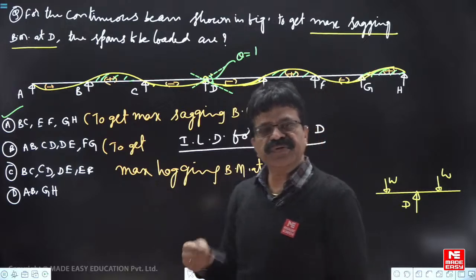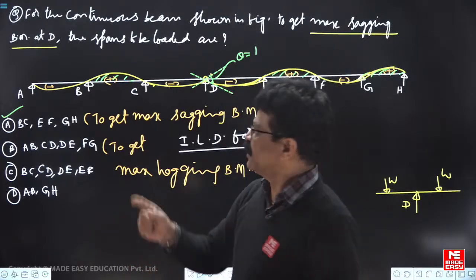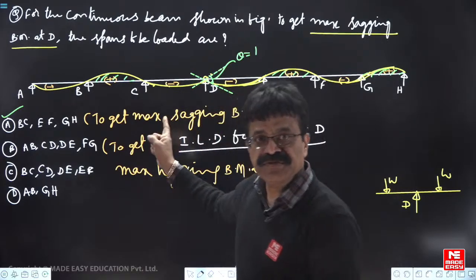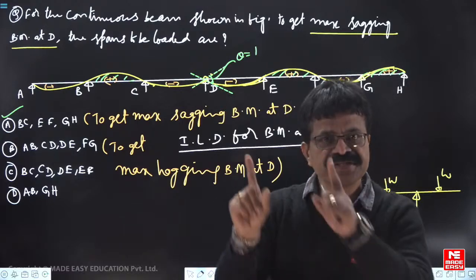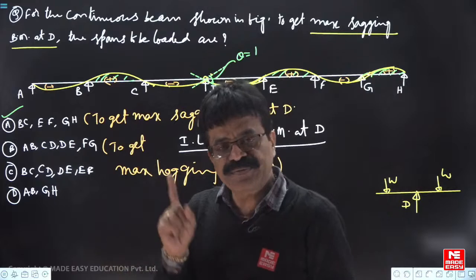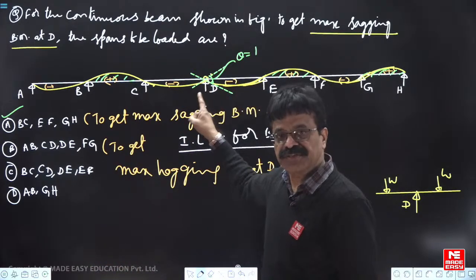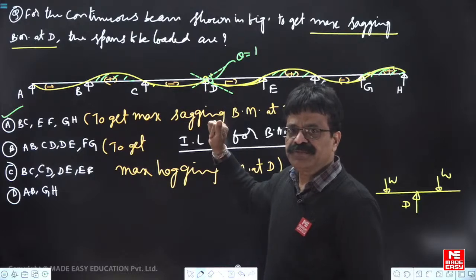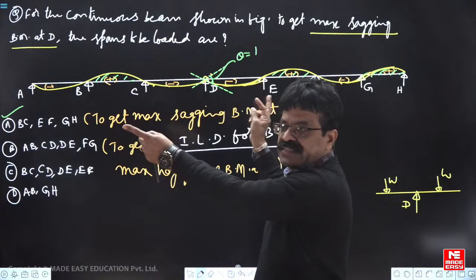This is similar to what you have studied in RCC. In RCC you have learned that at any intermediate support of a continuous beam, if you want to get maximum hogging bending moment, you must load adjacent spans and also alternate spans. If you want to get maximum sagging bending moment at any intermediate support of a continuous beam, what you have to do? Load next to the adjacent spans.